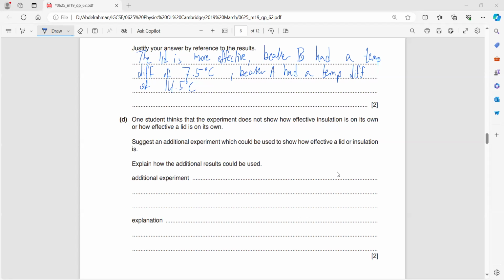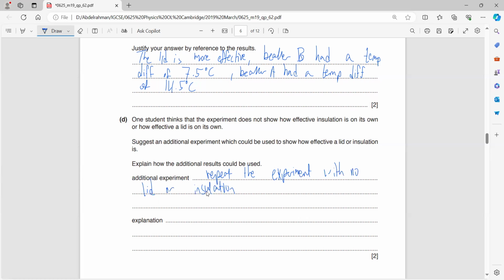So as for the additional experiment, you need to repeat the experiment with no lid or insulation. Why?